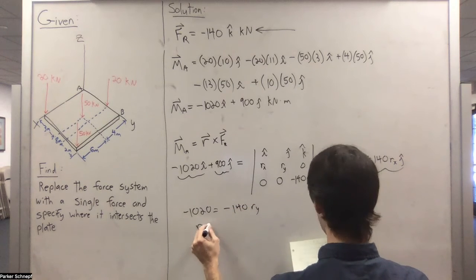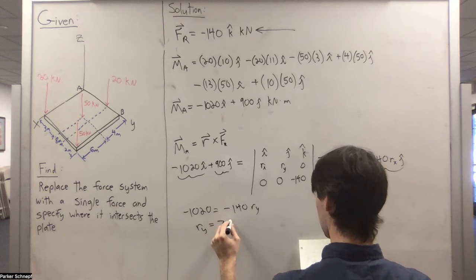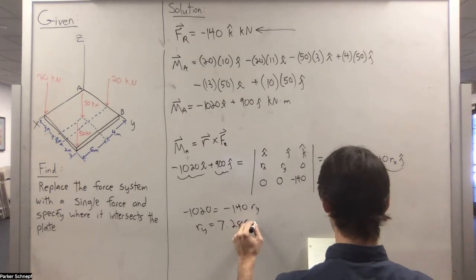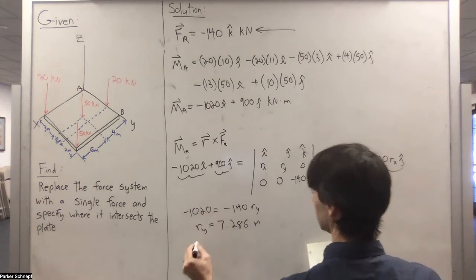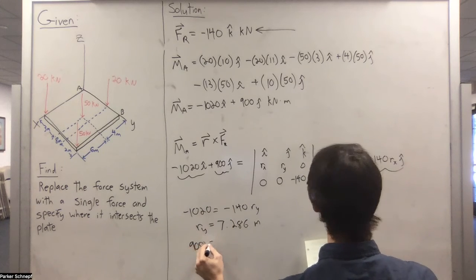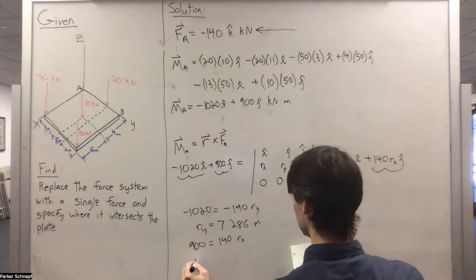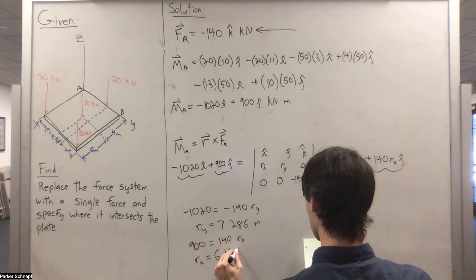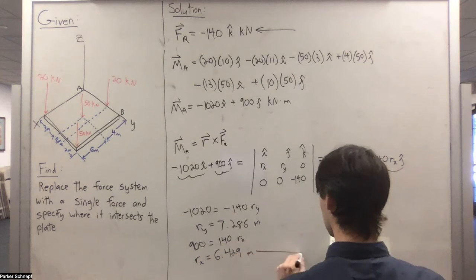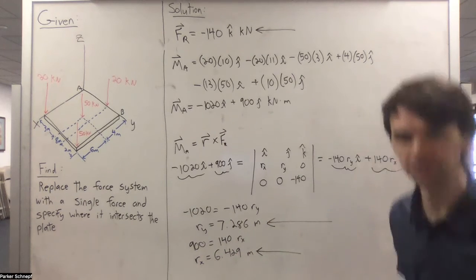So ry must equal 7.286 meters, and 900 must equal 140 rx. Therefore, rx must equal 6.429 meters. And there you go. That is our answer.